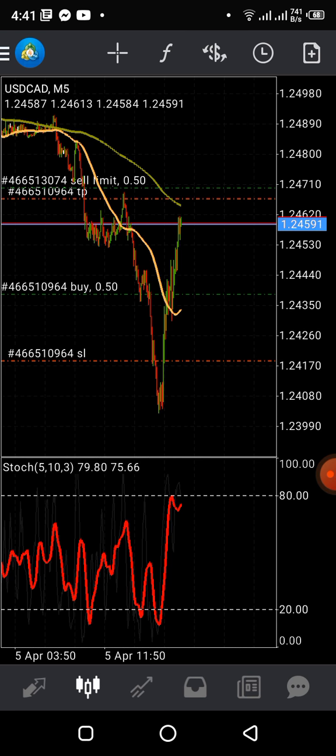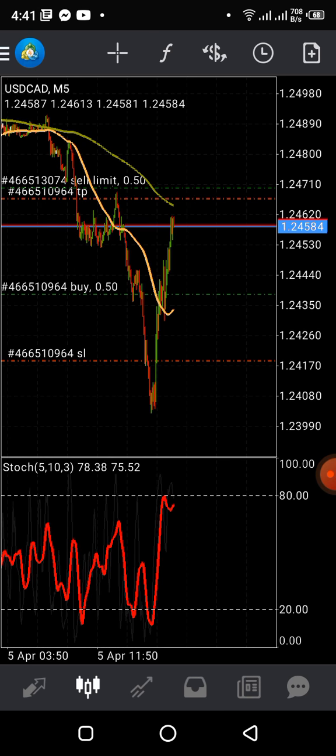and I can see that price made a movement from the 20 level stochastic up to the 80 level stochastic, which is an overbought area for us at the same time. So the 80 level of stochastics shows us an overbought area, and at the same time we have the moving average here also approaching the price.